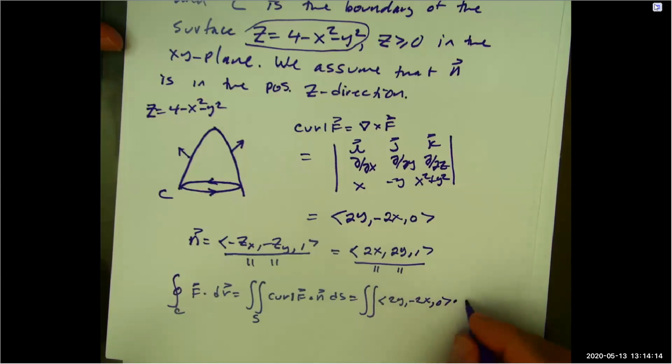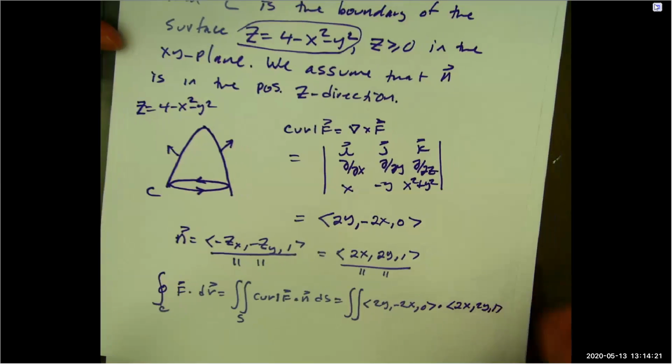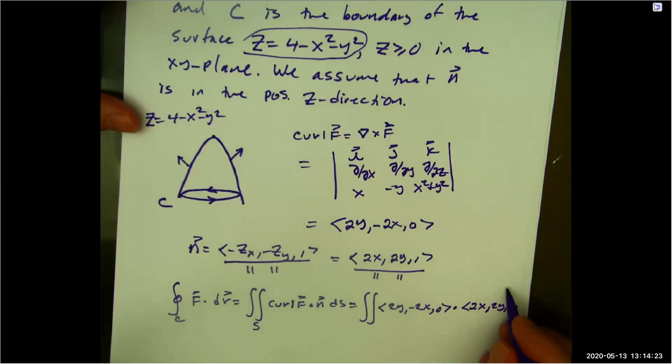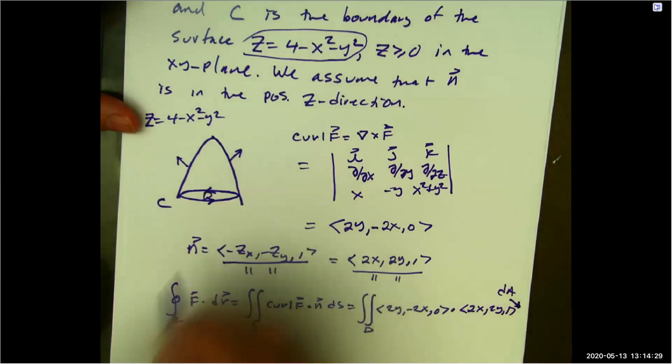And then we're going to be dotting this with 2x, 2y, and 1 dA over D, where this is our D here.